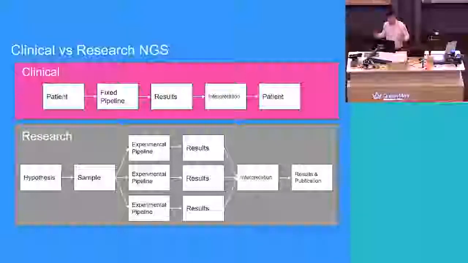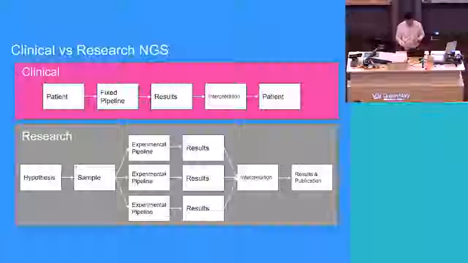But in a clinical setting, it needs to be more of a fixed pipeline, and we need to develop best practices so that the results that we provide are consistent over multiple patients. So that's a slight difference in how we conduct bioinformatics as a service in the research versus the clinic.